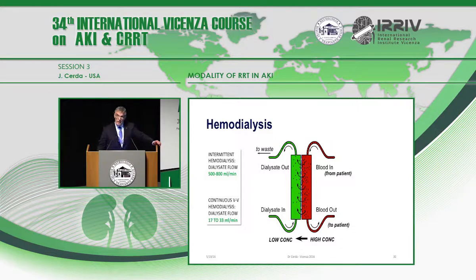And therefore, even though in both cases we're using diffusive technologies, in this condition, given the very rapid and very powerful clearance by diffusion, this causes all sorts of osmotic shifts across membranes, which do not occur in the case of CVVH-D, not because of the diffusion, but because of the slow rate of correction.